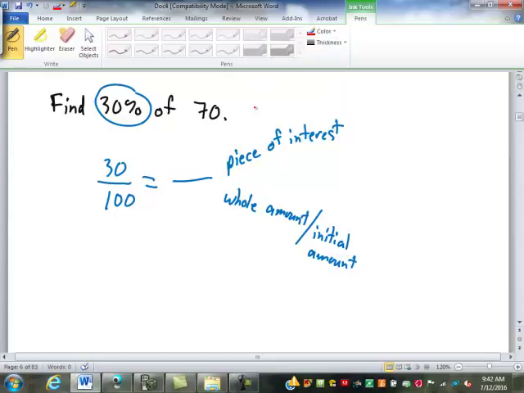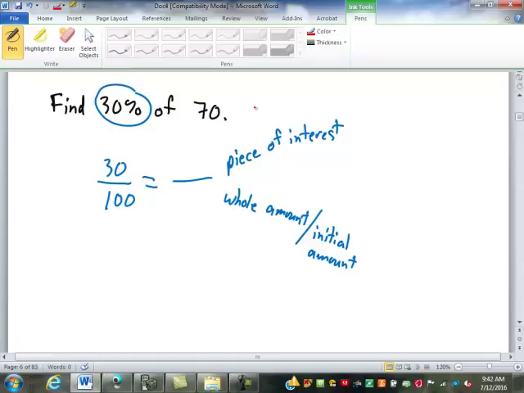When you're looking at this 30 over 100, the 30%, the 30 is representing a piece of a whole amount, and the 100 is representing the whole amount. You can actually think of that 100 as being 100%. 100% is everything, the full amount that the whole problem is based on.